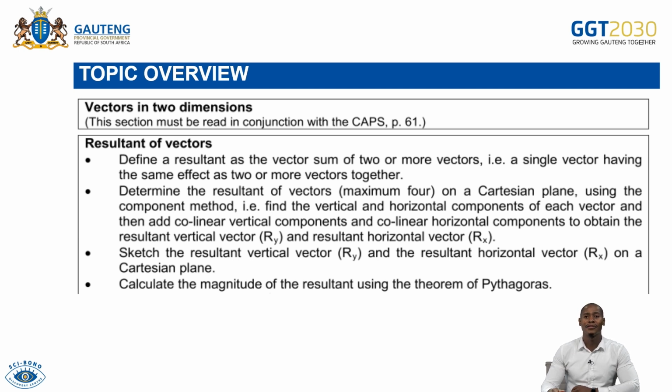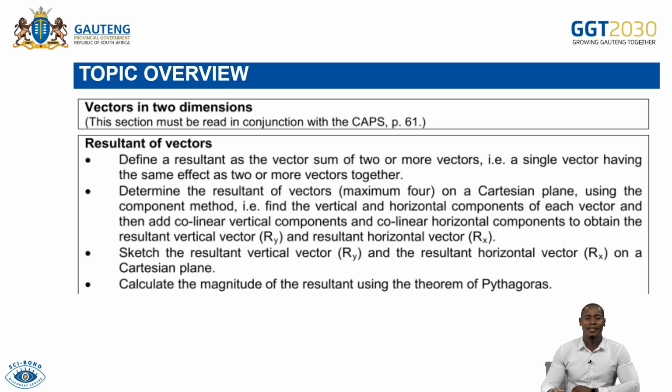Find the vertical and horizontal components of each vector and add collinear vertical components and collinear horizontal components to obtain the resultant vertical vector and the resultant horizontal vector, right? Then sketch the resultant vertical vector, which is your Ry.